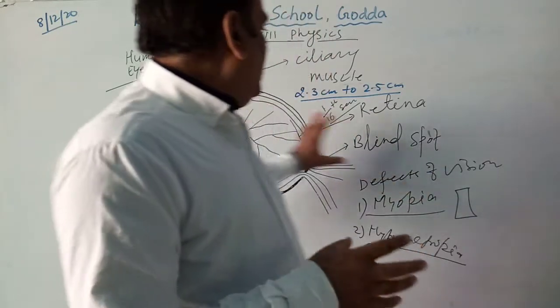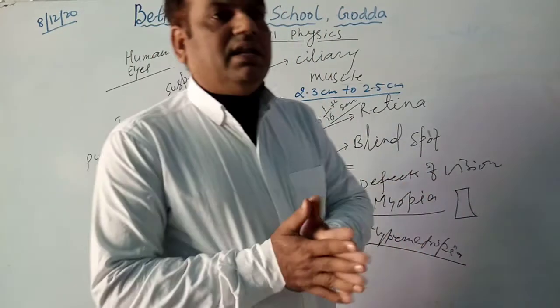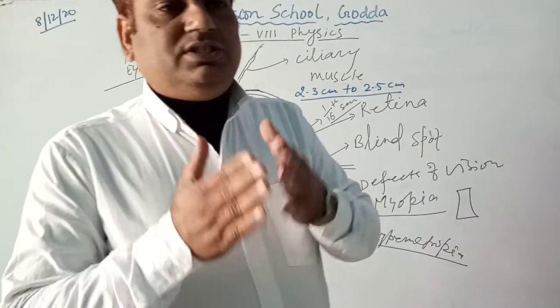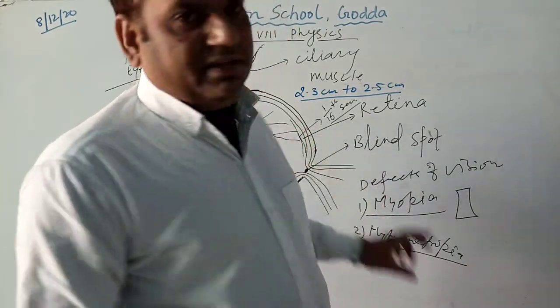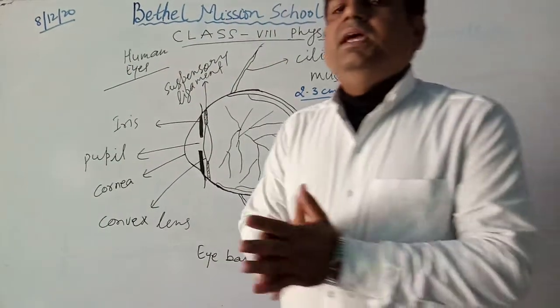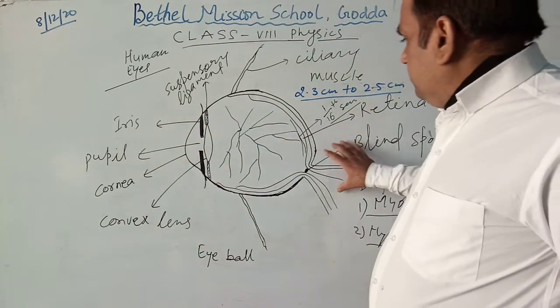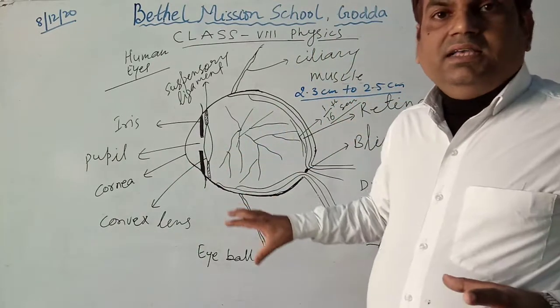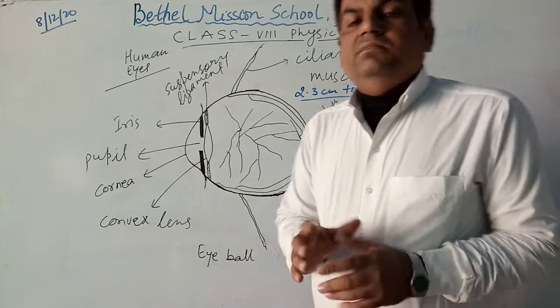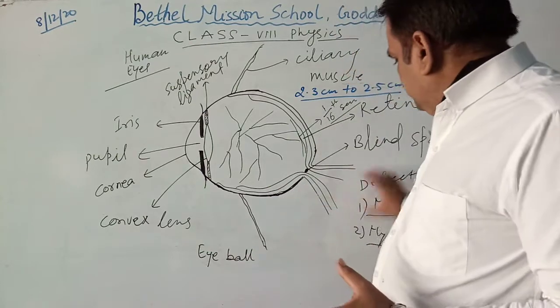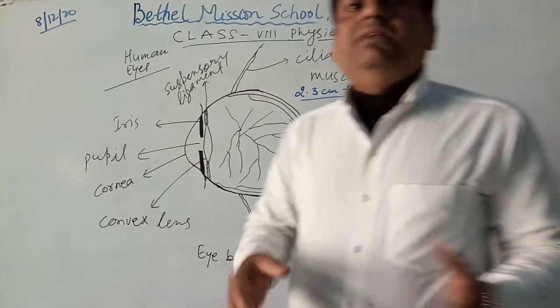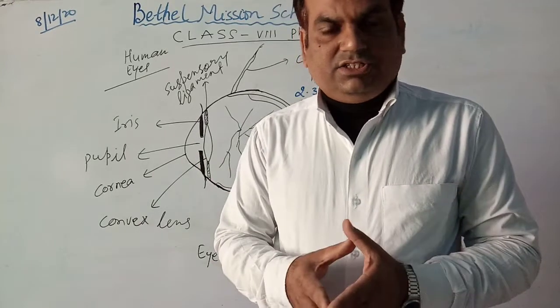As you know, our eye is very precious, so we should take care of our eyes. How can we protect the eyes from disease? One more disease is night blindness, and also cataract.